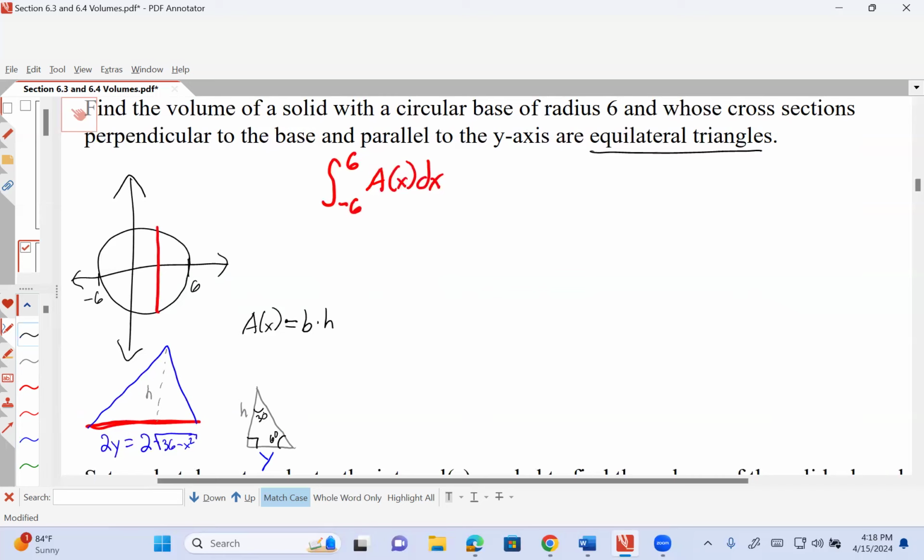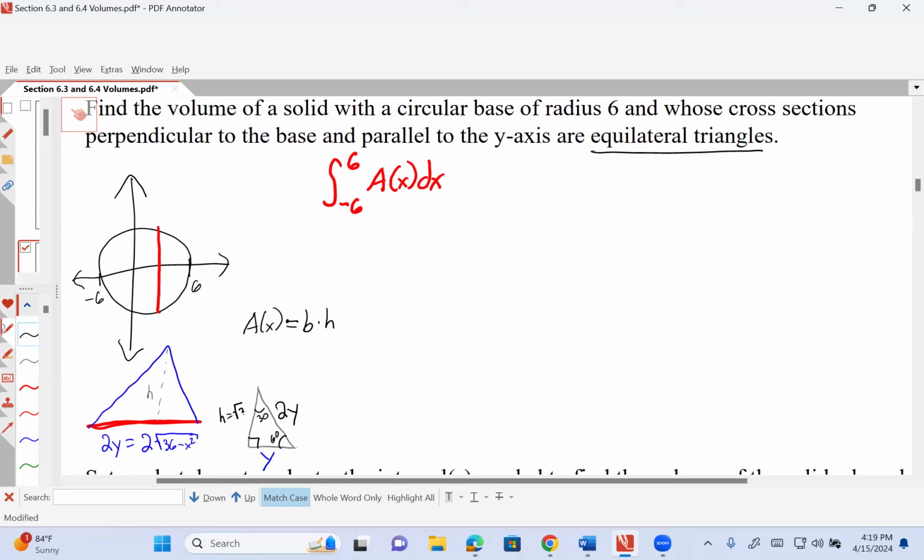The way side lengths relate to each other in a 30-60-90 triangle is that the side opposite the 30-degree angle, the hypotenuse is going to be twice that. And then the height is going to be the square root of 3 times the base of our 30-60-90.